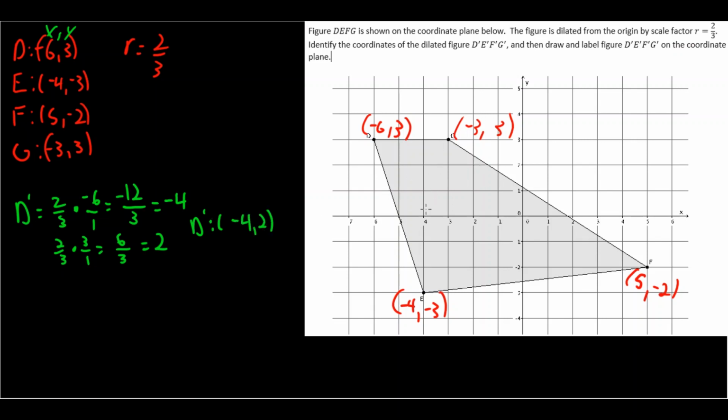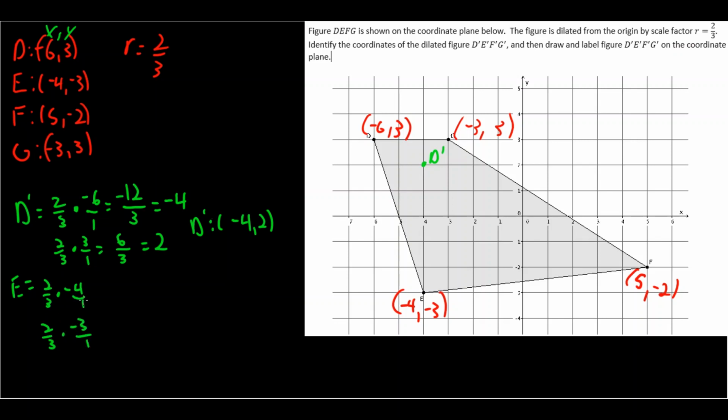Well, -4 is here, +2 here. D prime. Okay. E prime. We are at -4, -3, so we're going to do 2/3 times -4, and then 2/3 times -3.